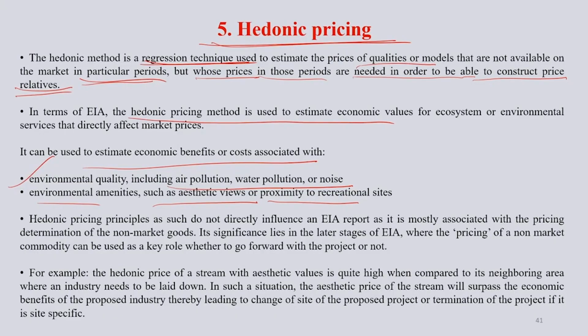Its significance lies at the later stage of EIA, where the pricing of a non-market commodity can be used as a key factor in whether you go ahead with the project or you stop it. I explain it. Suppose all the previous methodology that we have followed, including cost benefit ratio, fuzzy logic etc., was looking at the feasibility of the project from a technical and economic point of view.